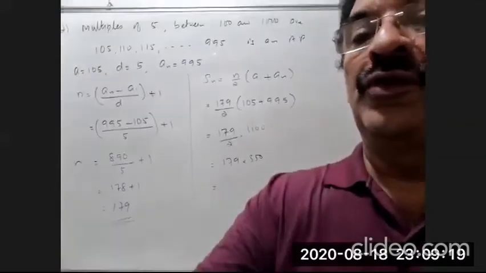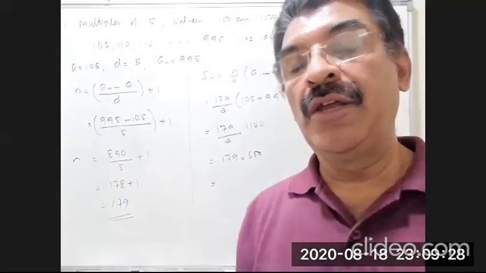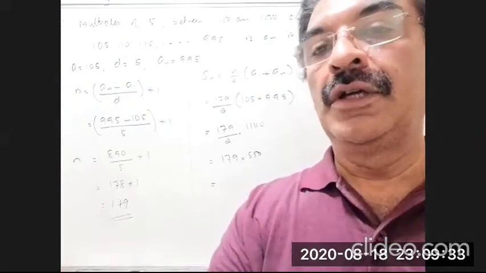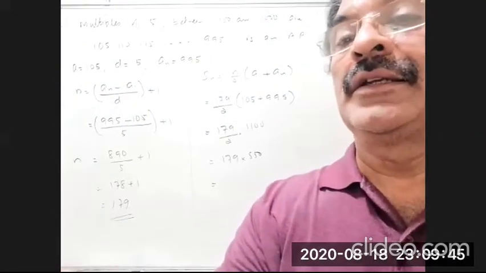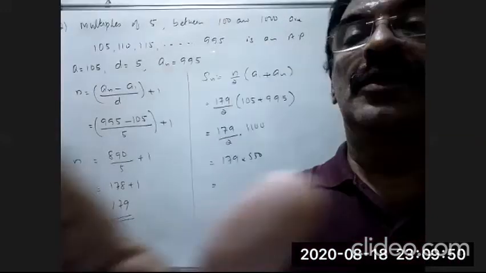Again, one of you is there in the waiting room. Ibrahim Sheikh. Ibrahim Sheikh is in the waiting room because he didn't write. Okay, I will let him in. Ibrahim Sheikh.